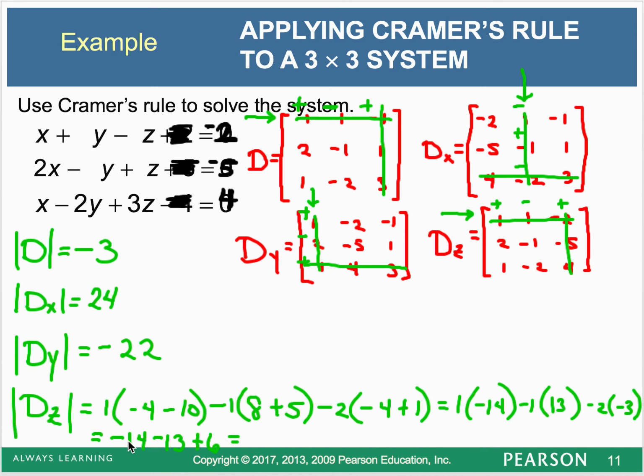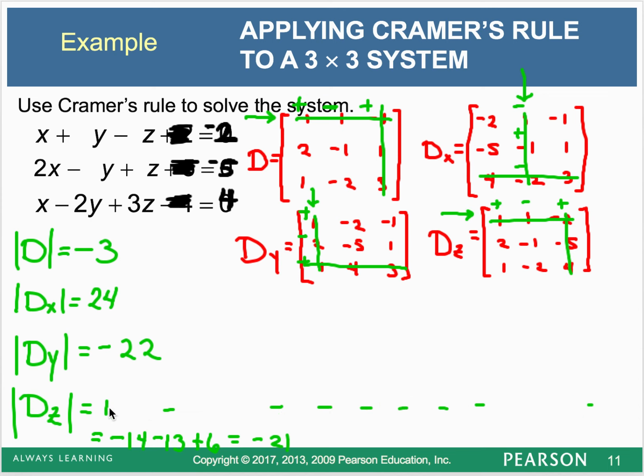Okay, so negative 27 plus 6, negative 21. All right, I'm going to erase it again. All right, negative 21.